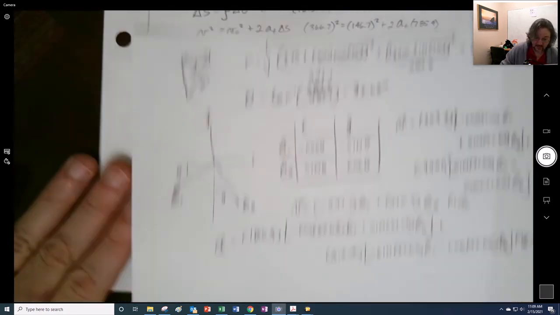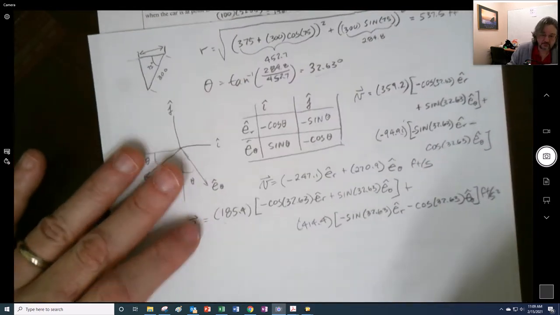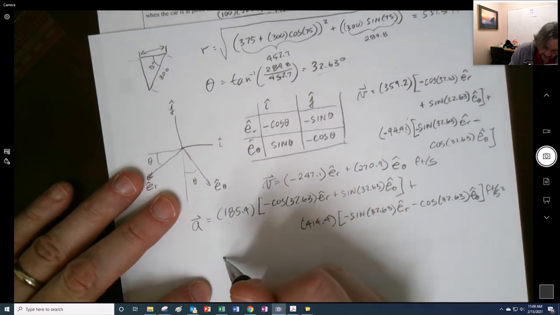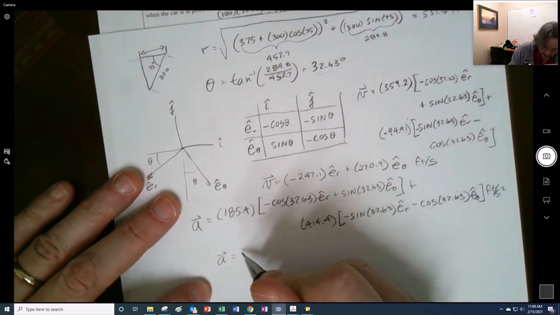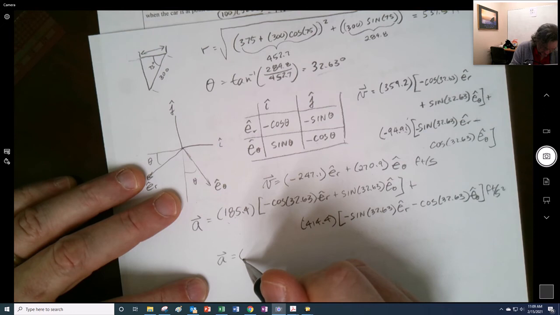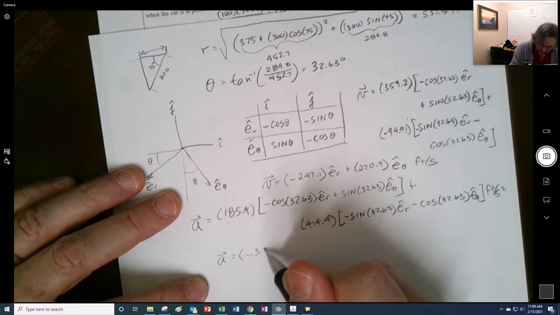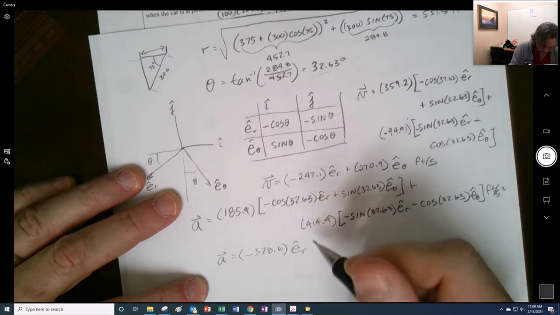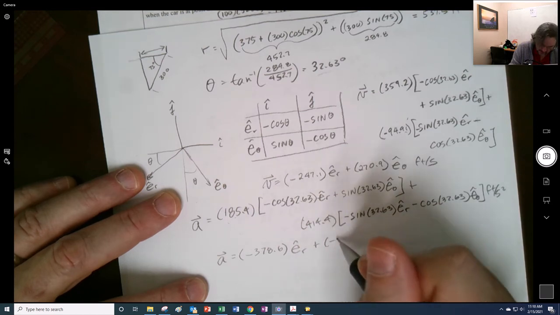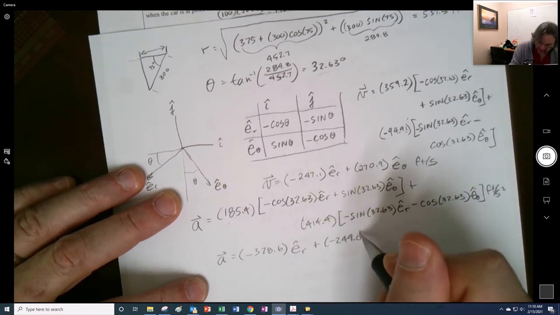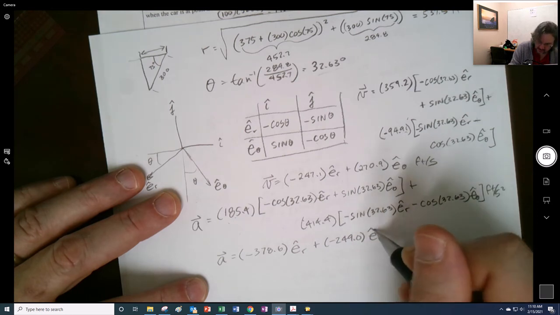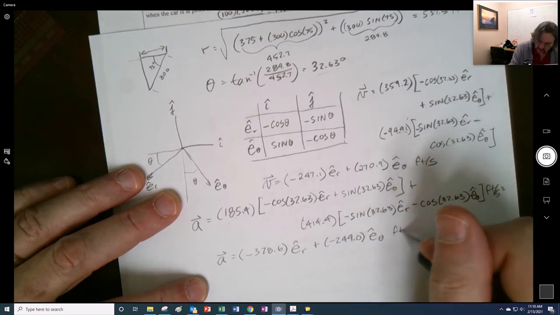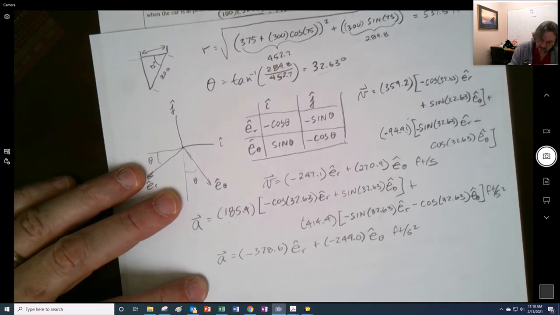So once we have that, we can find that the acceleration now, rewriting the thing out, is going to be negative 378.6 ER and negative 249 E theta feet per second squared.